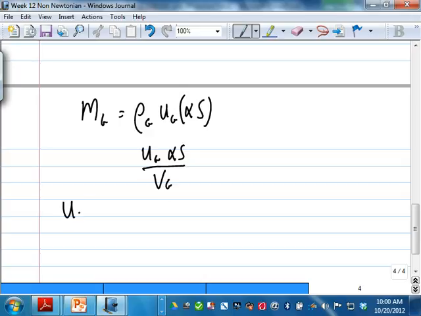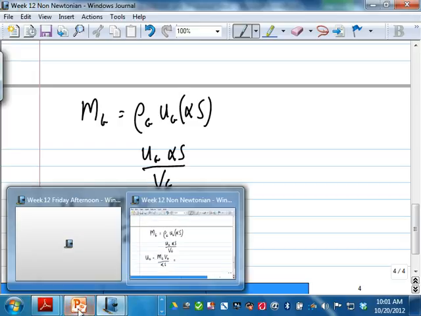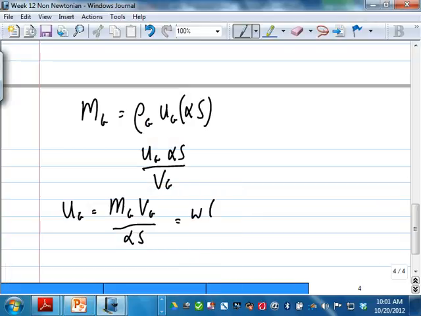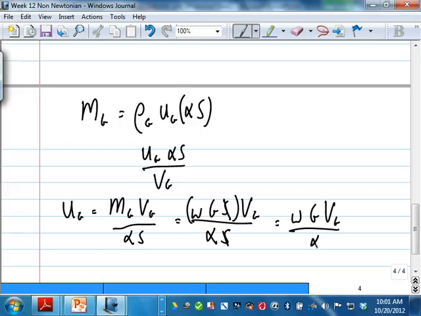So UG is equal to mg VG over alpha S. Mg is what? omega GS. So omega GS VG over alpha S. Cancel out, it is omega G VG over alpha.